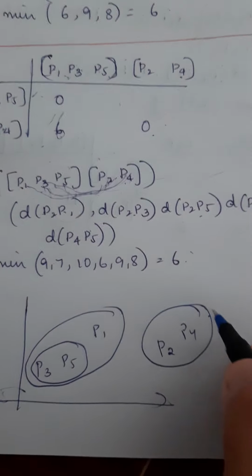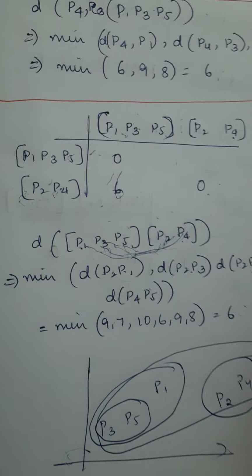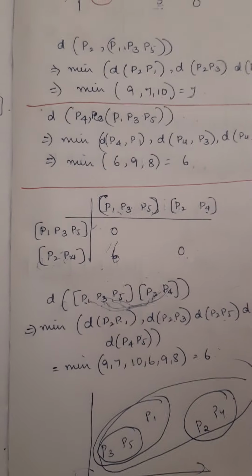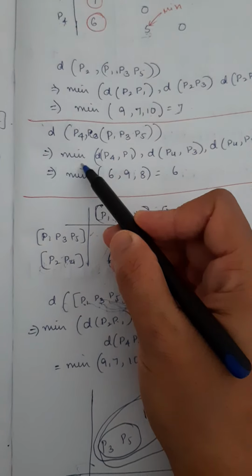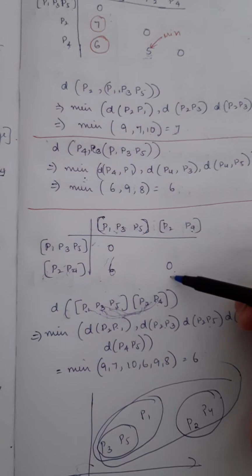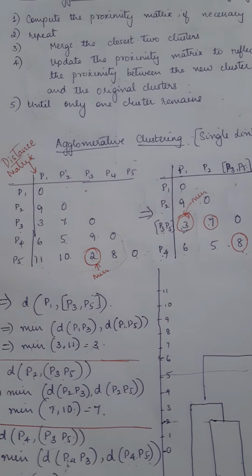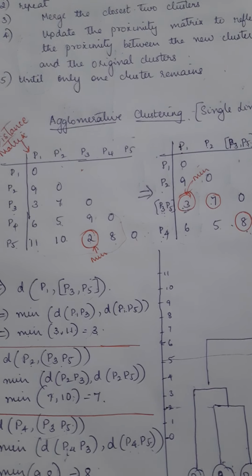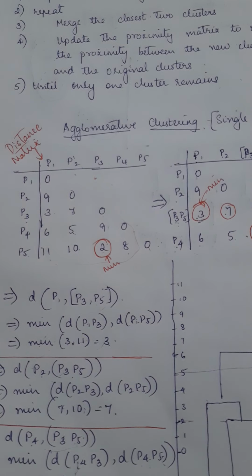And here, if I have a bigger tree, a bigger cluster like this, this is what we do for the agglomerative single linkage method, where we are finding the minimum value between the different points. I hope this is clear, everyone. This is the original problem given to you, and from this we drew the dendrogram. Okay, thank you.